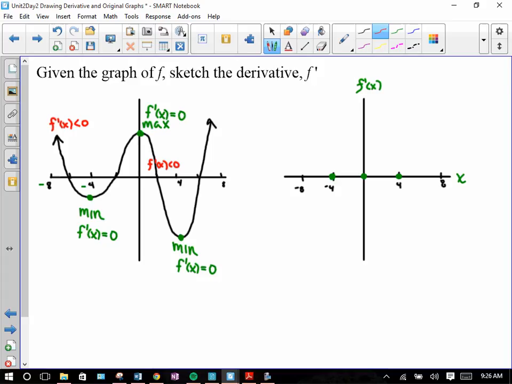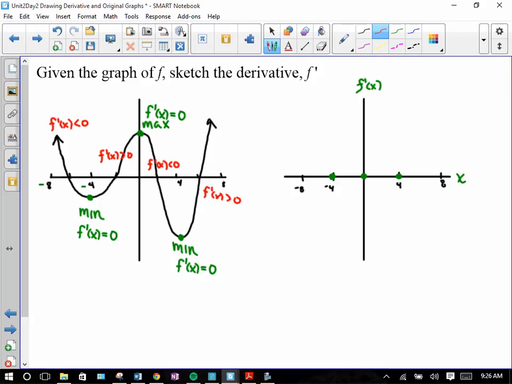So where is f of x increasing? Negative 4 to 0. So f prime of x is greater than 0 here. Anywhere else it's increasing? 4 to infinity. So f prime of x is greater than 0 there.